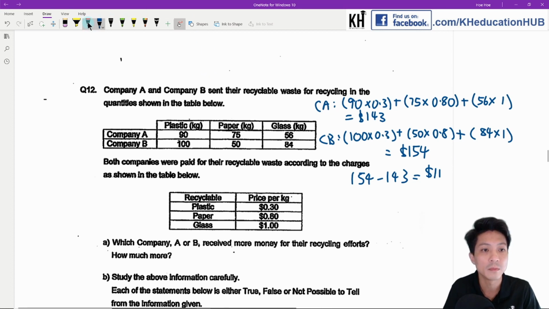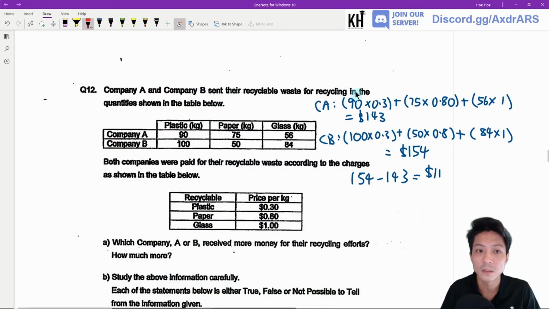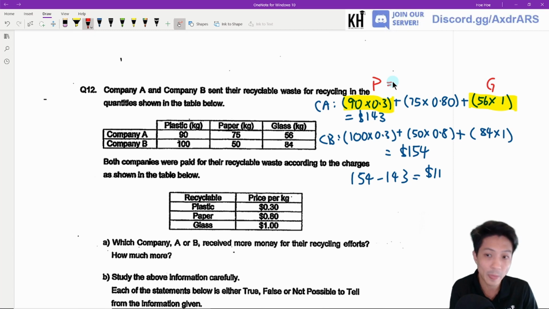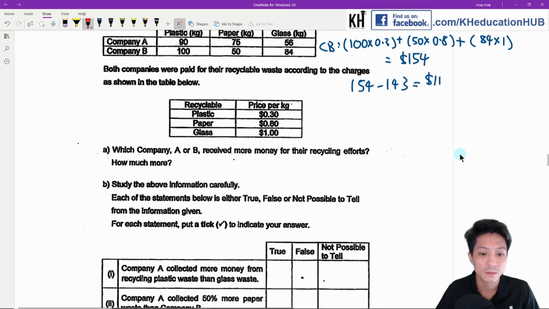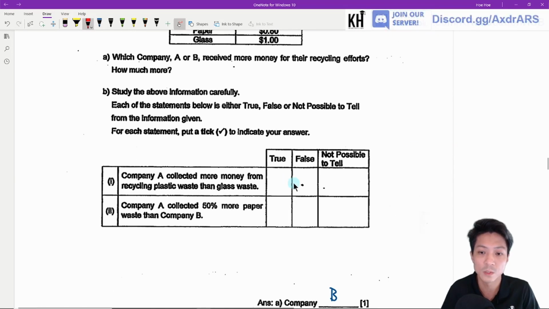So for company A, okay, this is the plastic and this is the glass. So the plastic is equals to 90 times 0.3, which is 27. Glass is 56. Okay, so which means that this is false.